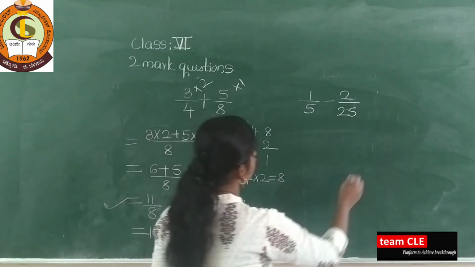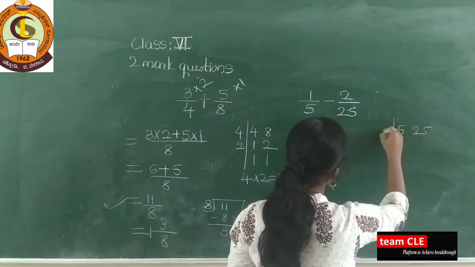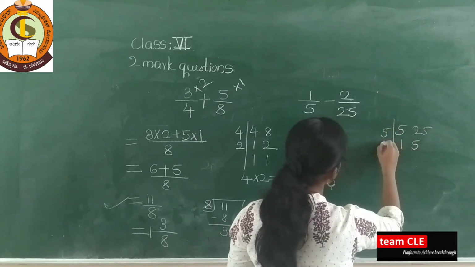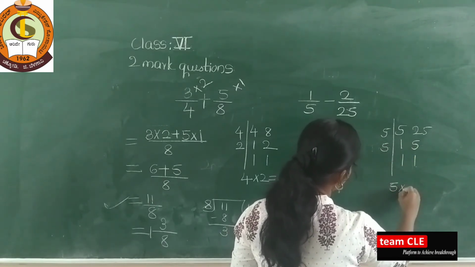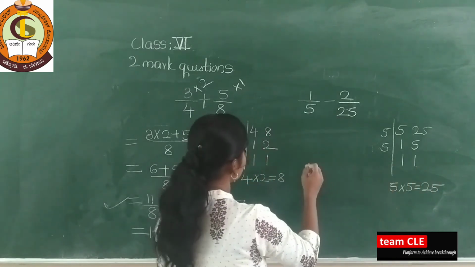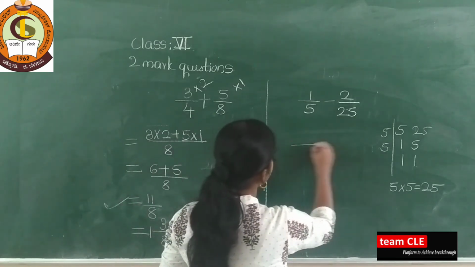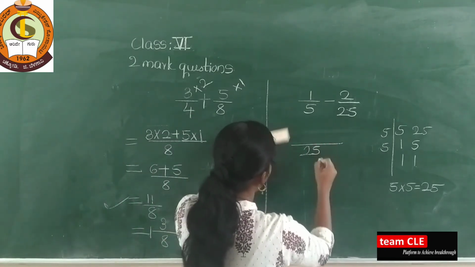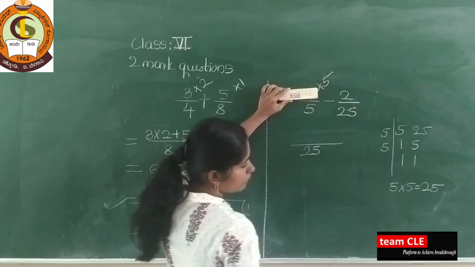So next here you have to take the LCM of 5 and 25 and divide by 5. 5 ones are 5, 5 fives are 25. Again you take 5, 1 as it is, 5 ones are 5. 5 into 5 is 25. Okay, so here I will rub this. In this example, write here 25, hide this denominator 5: 25 divided by 5 is 5. 5 fives are 25.